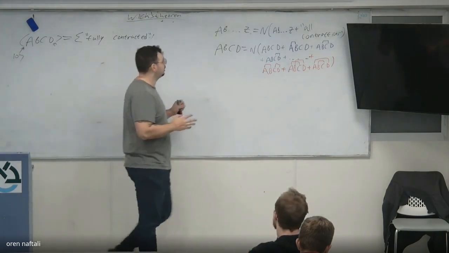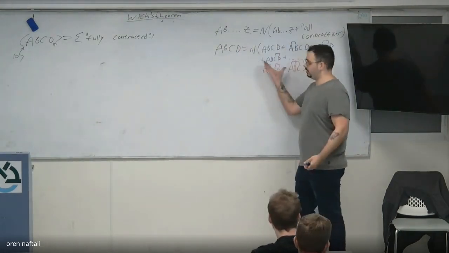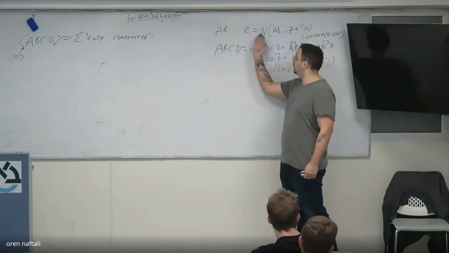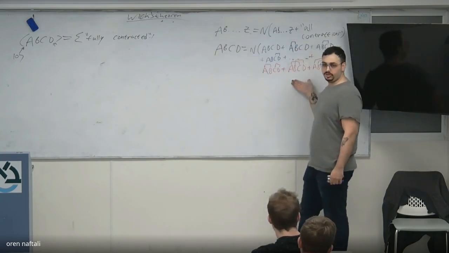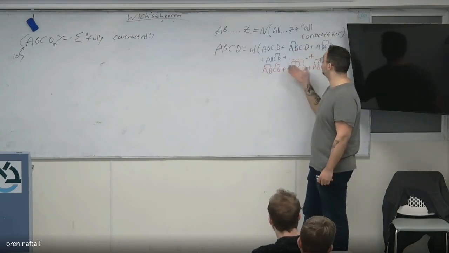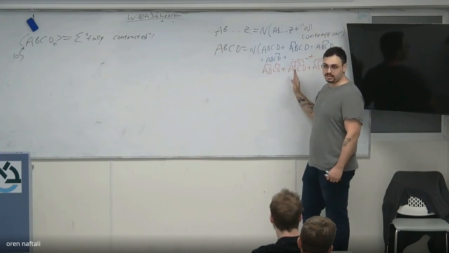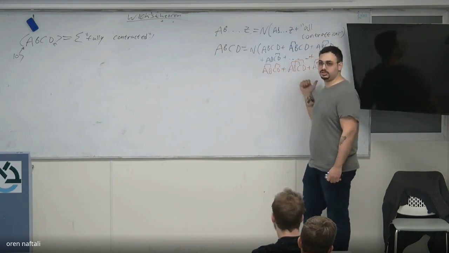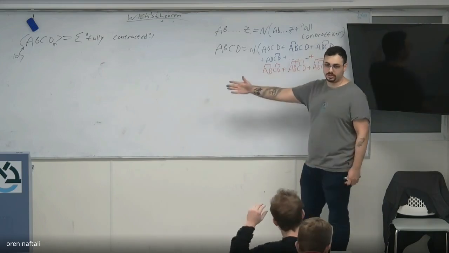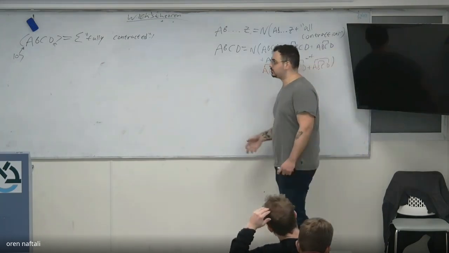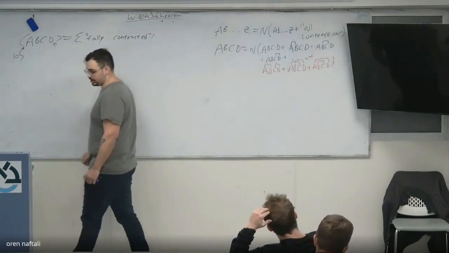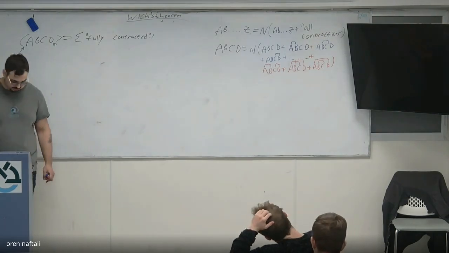Because A, B, C, D, or even more, is equal to the normal order of all the possible terms, and because all of them are normal order, every one that still has an operator will have an annihilation operator on the right and a creation operator on the left, and both of them will just zero out the expectation value over the vacuum.